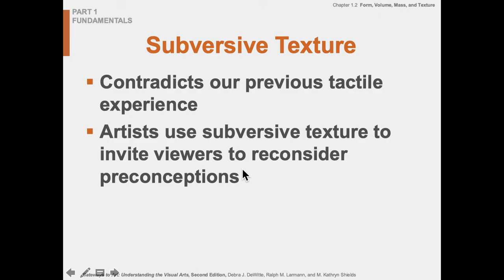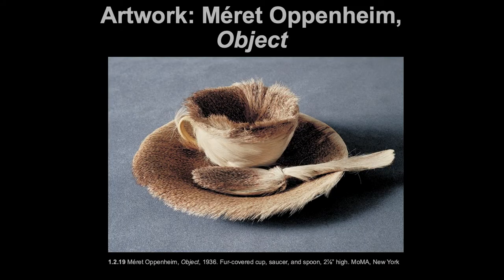Okay, subversive texture, which is kind of interesting, is contradicting our tactile experience. So there's a lot of knowns in our mind about what things should look like, and the surrealists like to sort of mess with that a little bit. So in this case, Meret Oppenheim puts fur where there would be china.